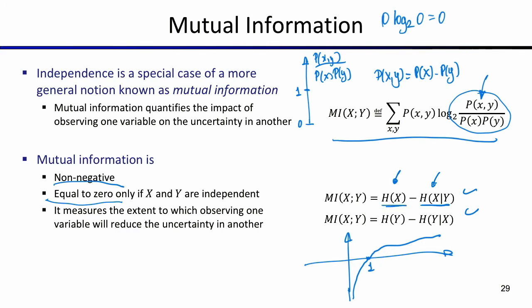So actually it's showing that this property, that it's a non-negative value, should be true. And we can also define it the other way around. We can understand the mutual information of x and y to be the entropy of y minus the conditional entropy of y given x.